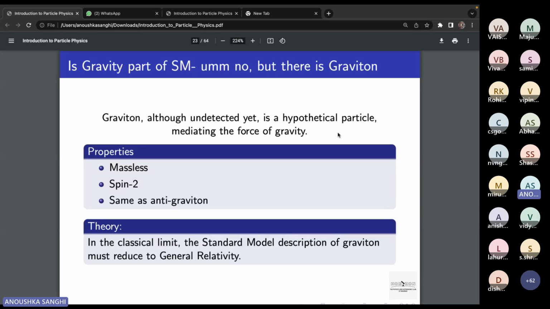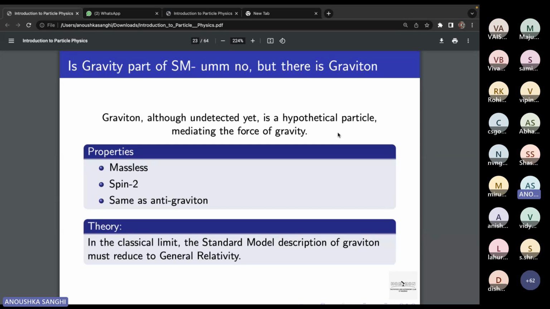Quantum gravity is a concept proposed due to these kinds of problems, that gravity is not included because it's too weak. In quantum gravity, we assume that since gravity should be part of the standard model, there should be some particle called gravitons.